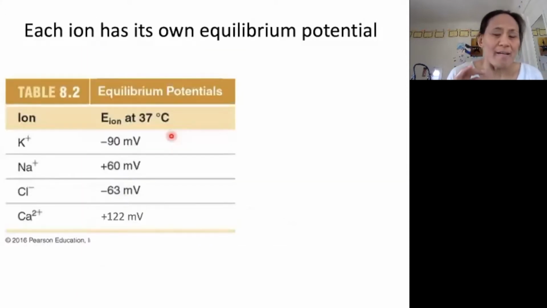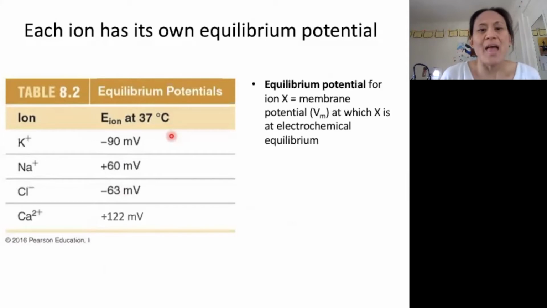Each of those ions has its own, what we call, equilibrium potential. The equilibrium potential for a particular ion is the membrane potential at which it's at electrochemical equilibrium. So looking at these examples, potassium is at electrochemical equilibrium when the membrane potential is -90 millivolts.